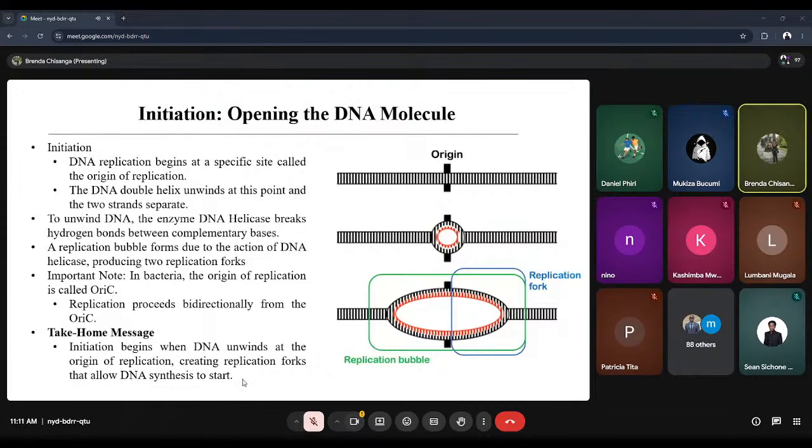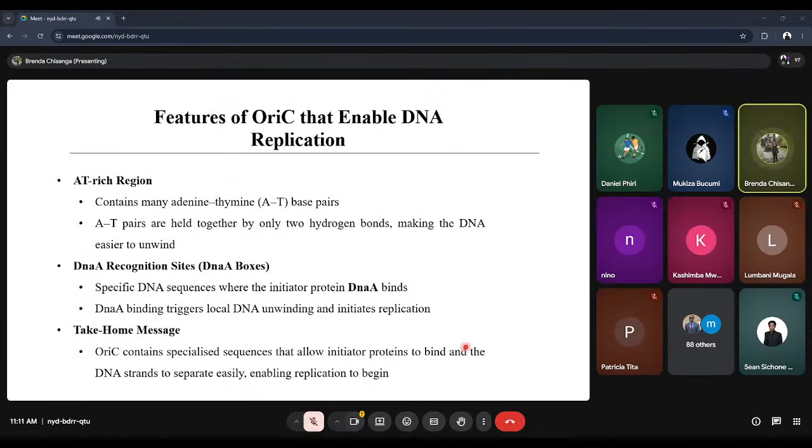Now, what are the features of this origin of replication? This, we've already looked at it and we even know why. The origin of replication is rich in AT bases. Remember, you have to break the hydrogen bonds, and the cell actually uses energy, ATP, to do that. And remember, the system is fine-tuned.